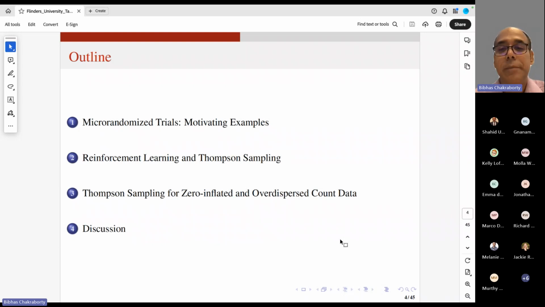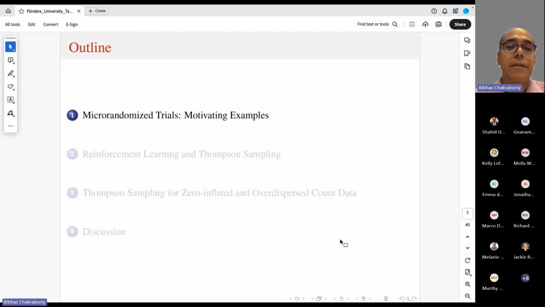I'll talk more about different outcome types, continuous and count type, and then wrap it up. That's the plan, but again, I'll remain adaptive to the questions.